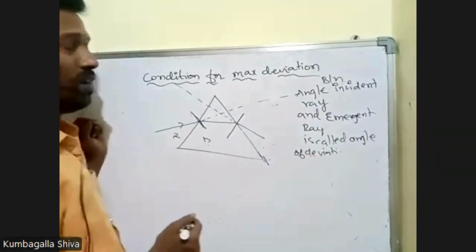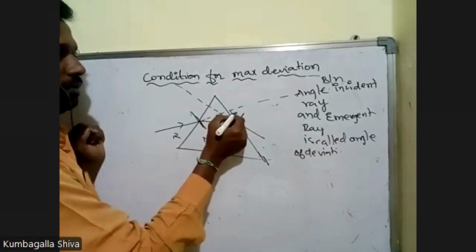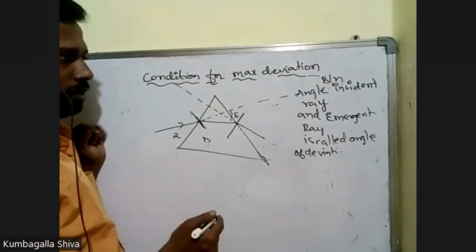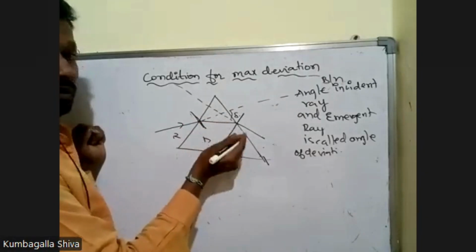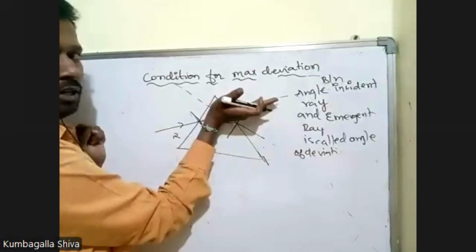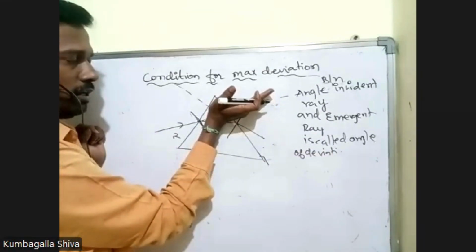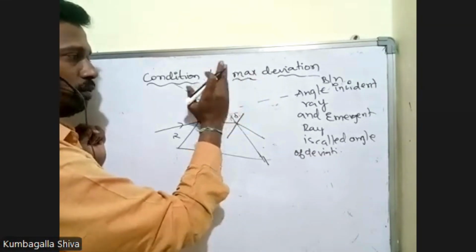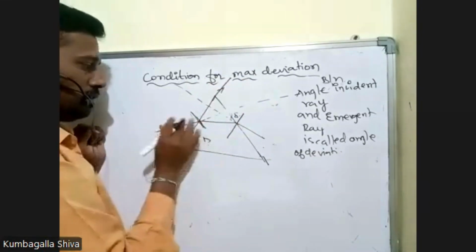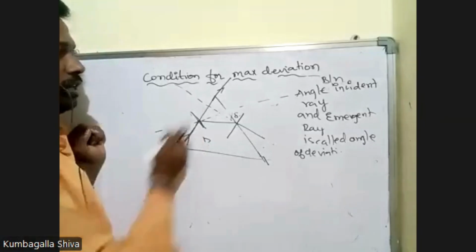But what they are asking here is maximum deviation. So when can this be the maximum deviation? Where can you see the largest change? See that this is the angle of deviation. Now if I tilt it more and more, the incident ray should be normally incident on the prism.